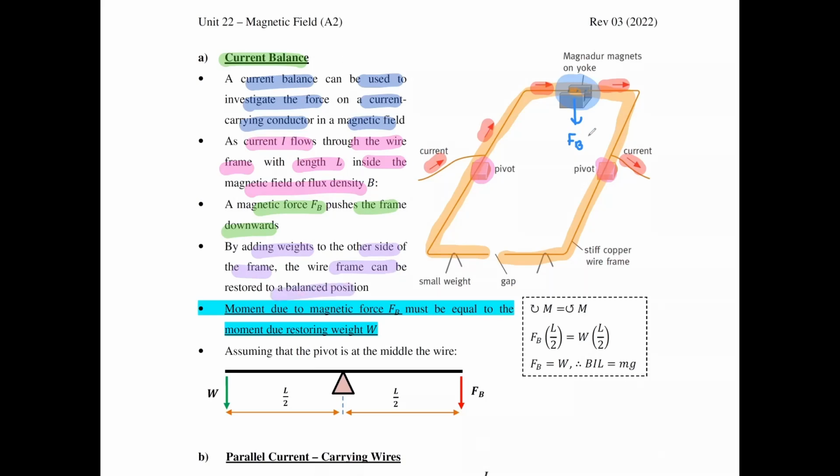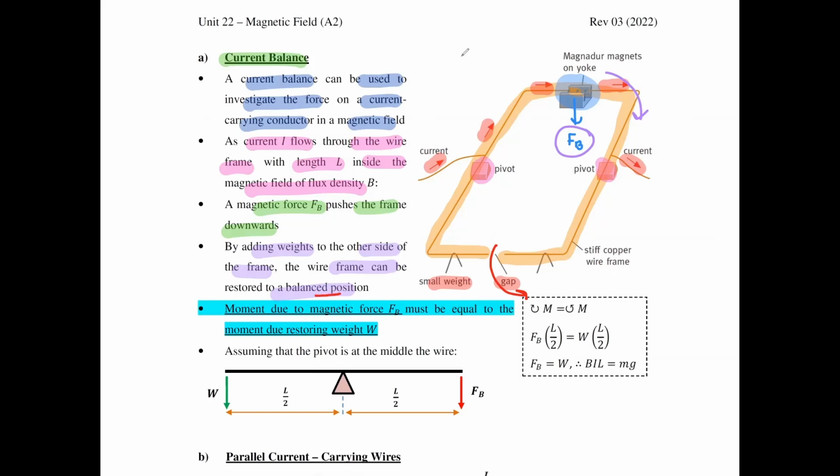If for the case where you have a magnetic force that is at this position right now and is directed downwards, you're going to have a moment that is in this direction. So you want to counterbalance that moment, you would have to put small weights at the other end here so that you have another opposite moment over here. So if you add just the right weights, the wire frame should be restored to a balanced position.